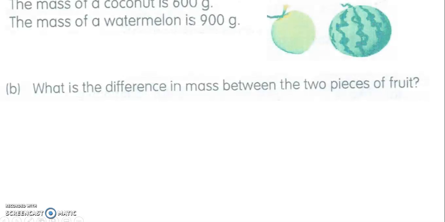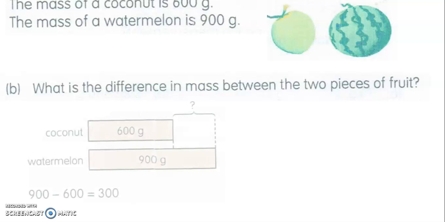Question B says, what's the difference in mass between the two pieces of fruit? The difference between the coconut and watermelon is this area. This is the mass of the coconut, 600 grams. This is the mass of the watermelon, 900 grams. I use the bar model to help me realize the amount of each of them.